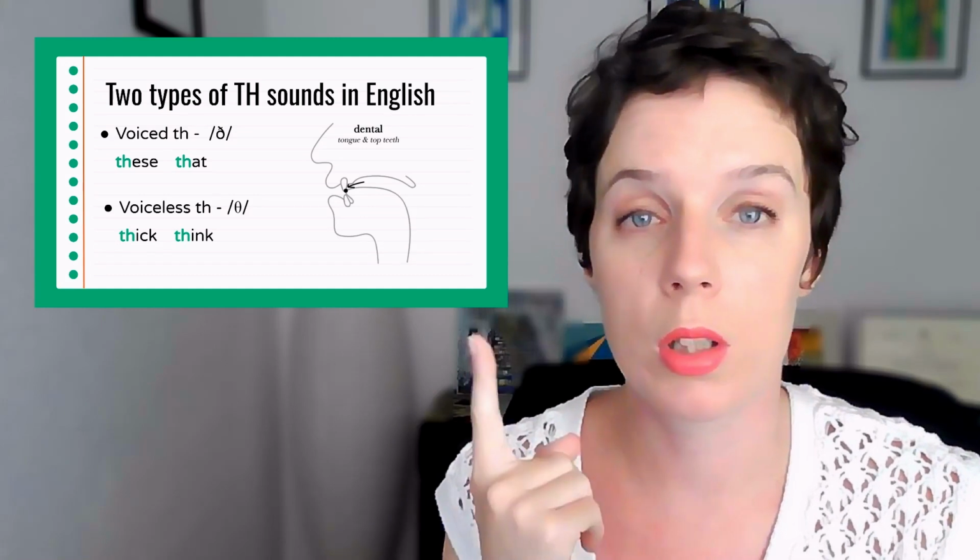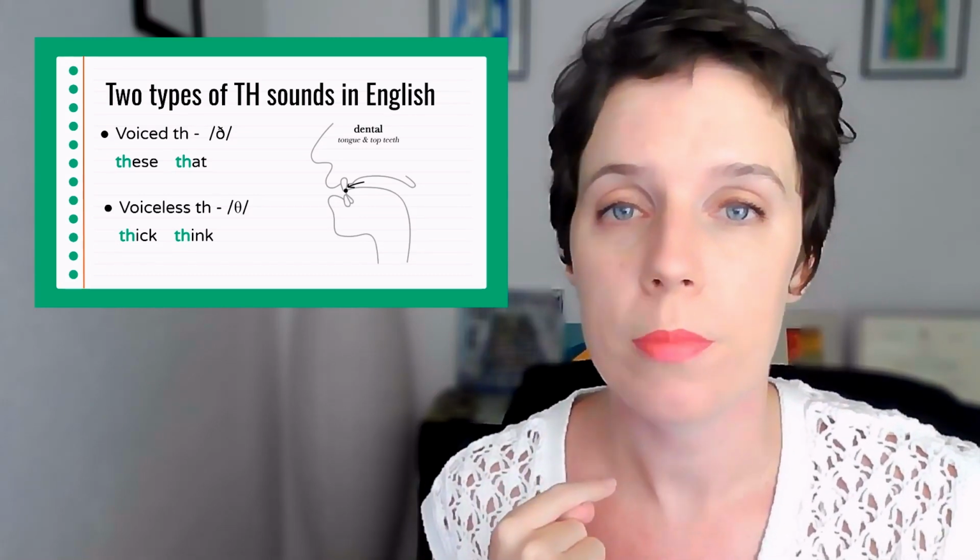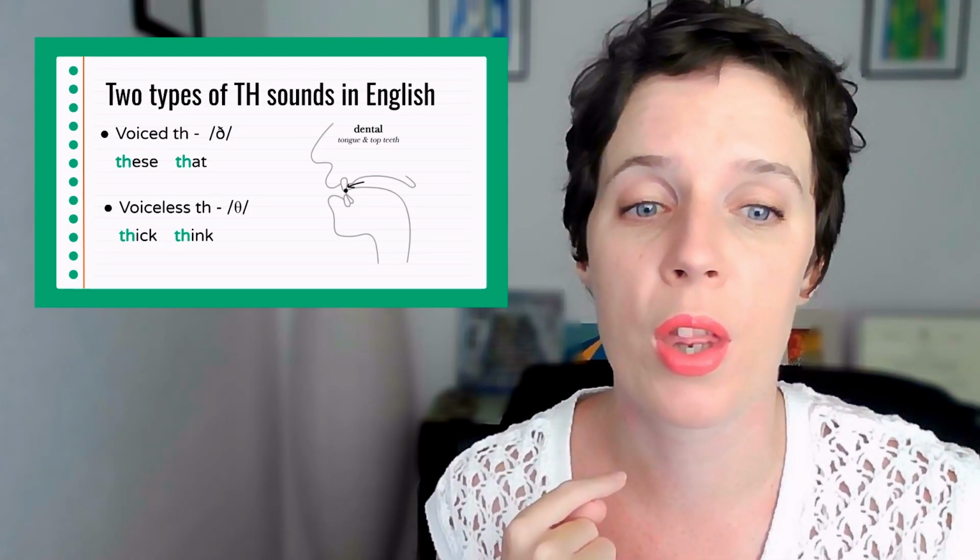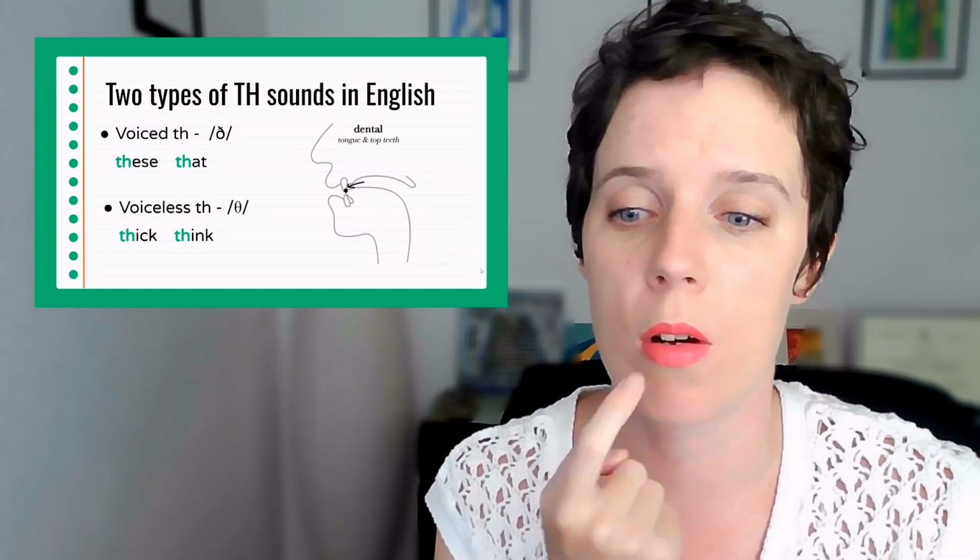Whereabouts your tongue and your teeth need to be. So to produce the sound, look at where my tongue is here. Okay, let me just zoom in a little. So my tongue is sitting between my teeth. Think, thick.